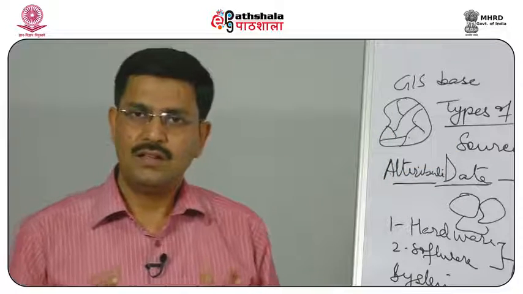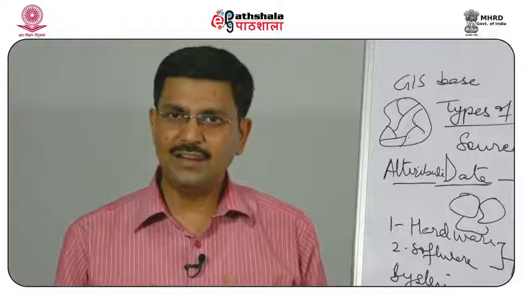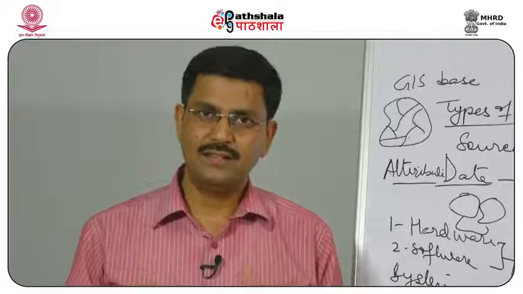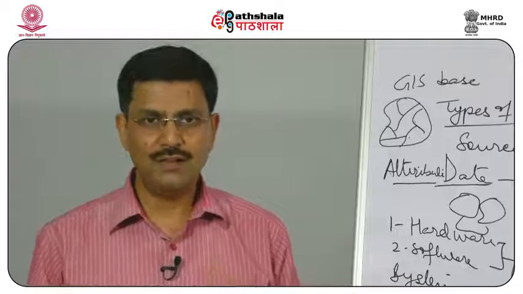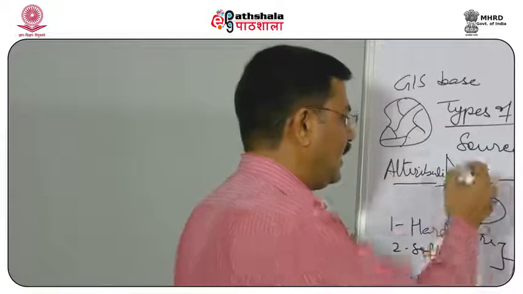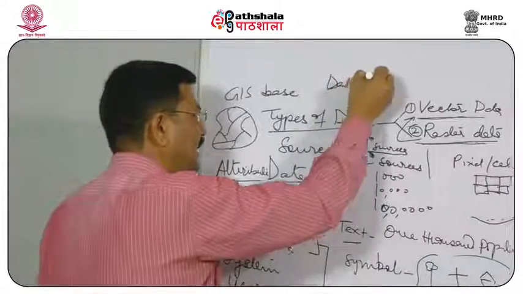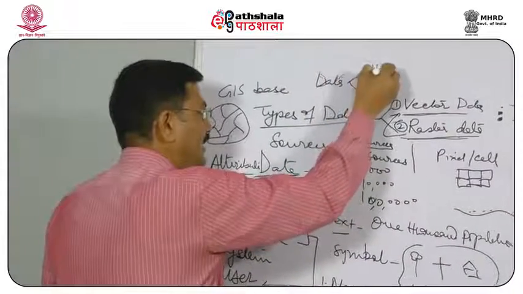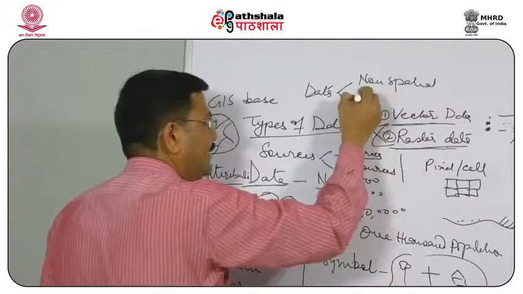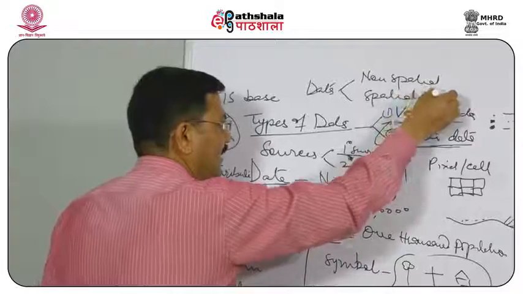Now, we have the other spatial data, and that spatial data is from, as I said, the topo sheet, aerial photographs, and satellite images. So, GIS data can be classified into non-spatial data, and second, spatial data.